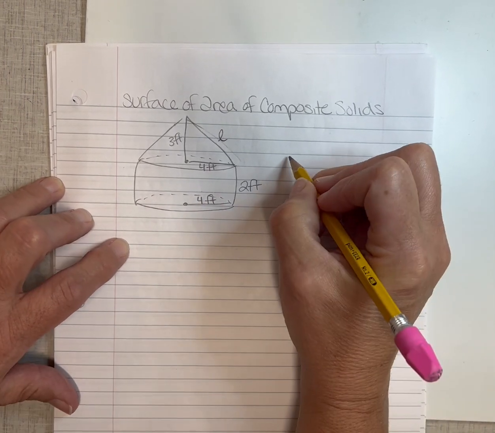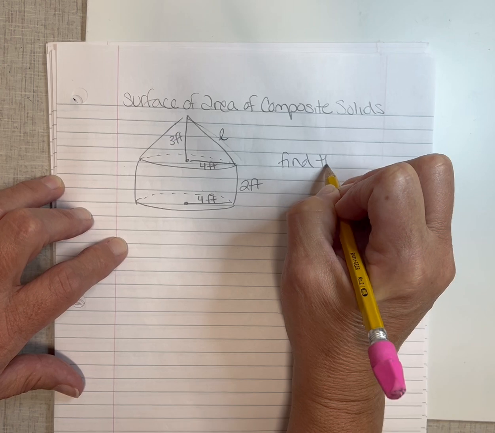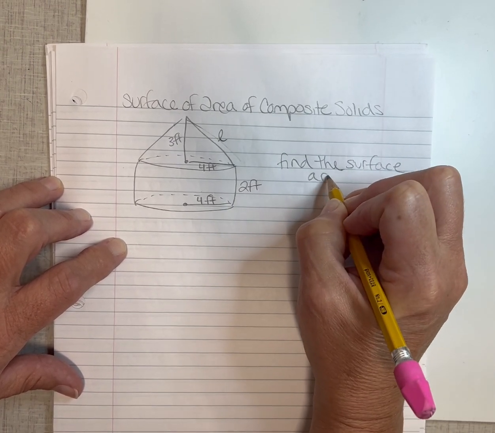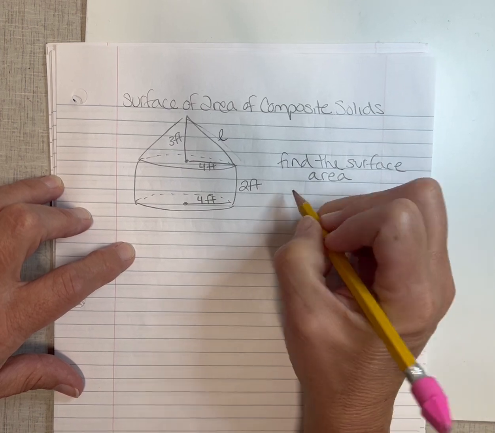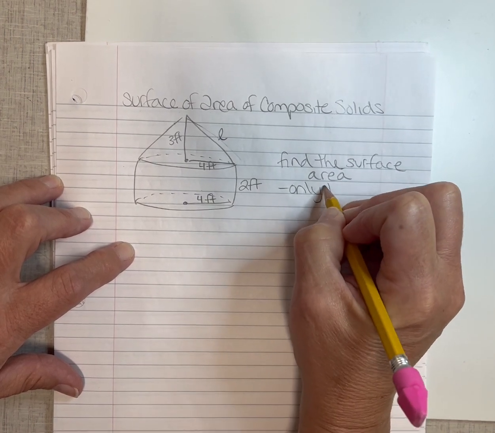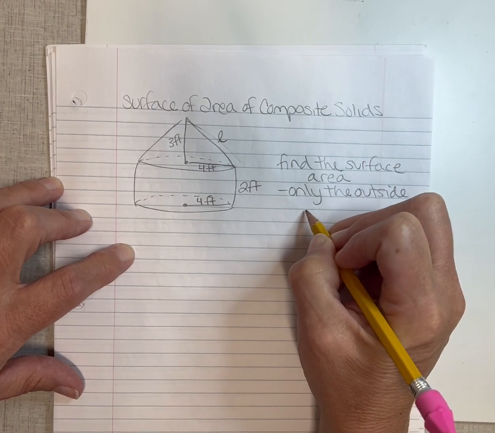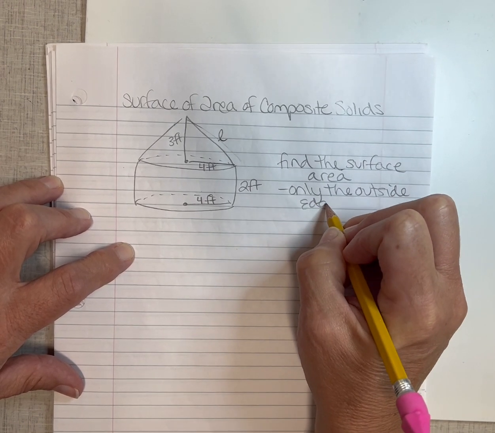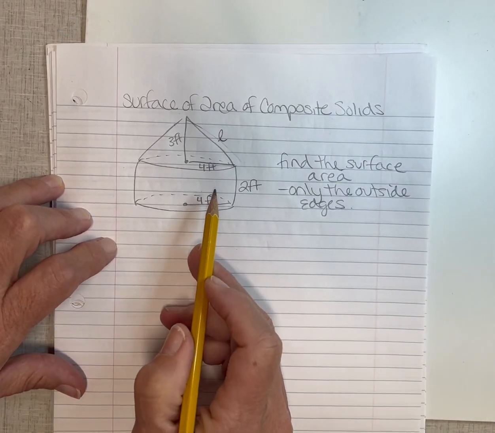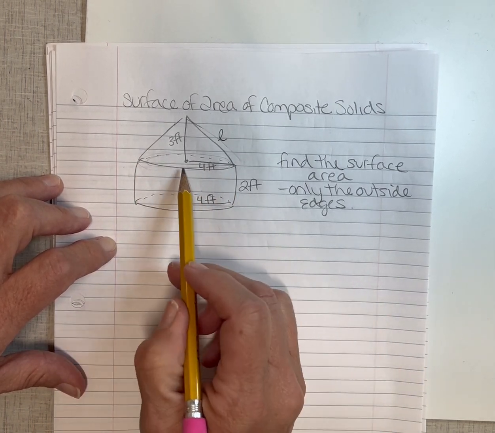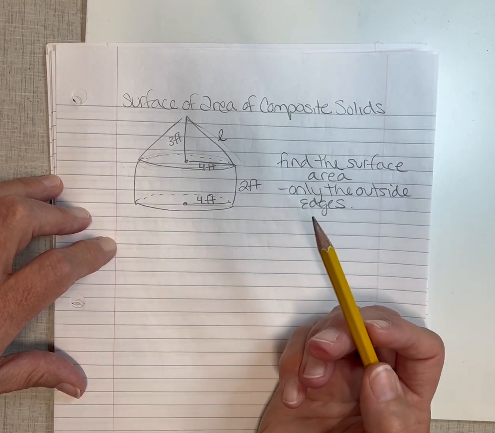All right, we're going to find the surface area. But what you guys need to remember, which we already talked about, is only the outside faces or edges, right? Because if you think about this, you have a circle under the cone and you have a circle on top of the cylinder.